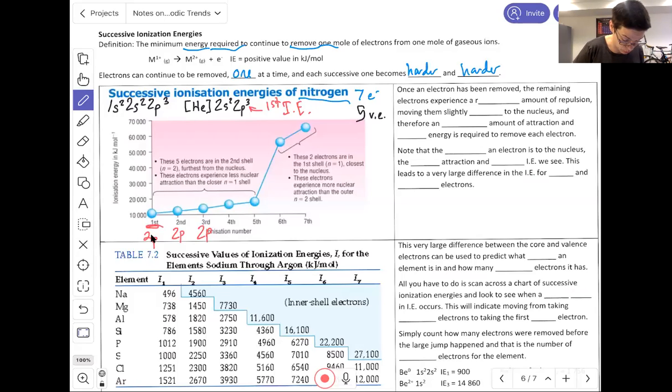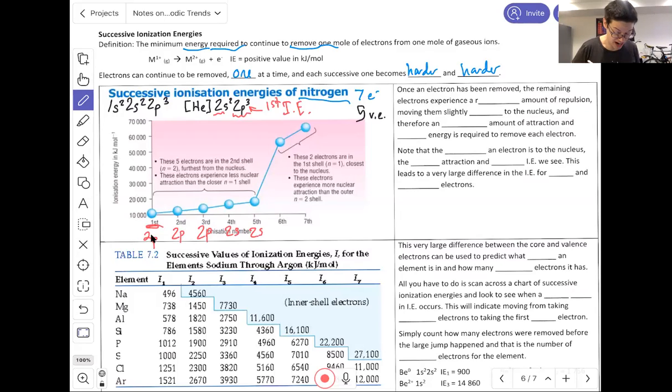But once I pull off 1, 2, 3, then I don't have any more in 2p. So my fourth electron is going to come from where? 2s. Because now I'm in here, and there's 2 electrons there, so 4 comes from there, and 5 also comes from there.